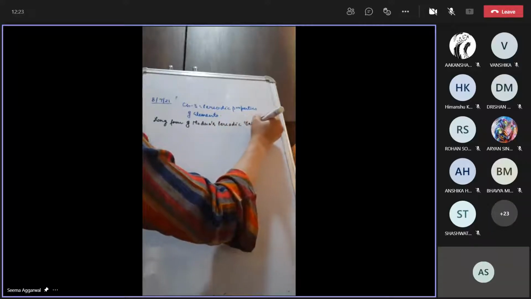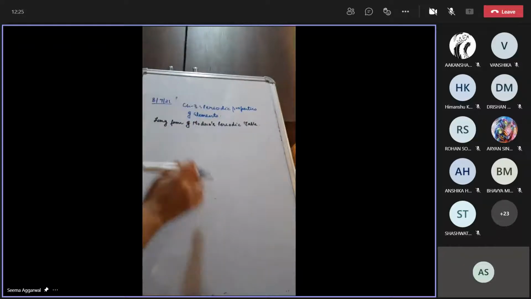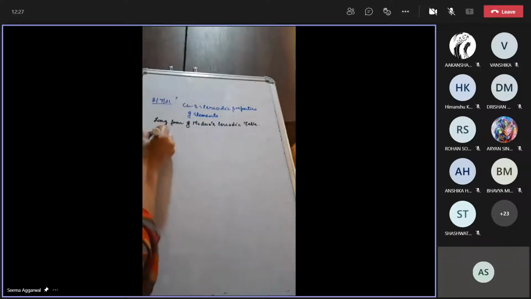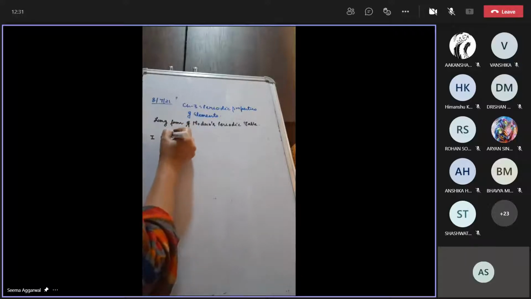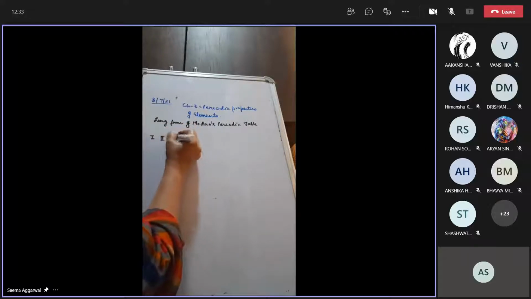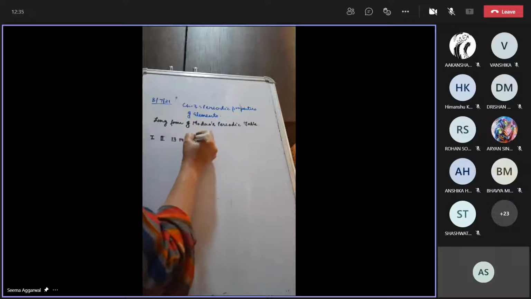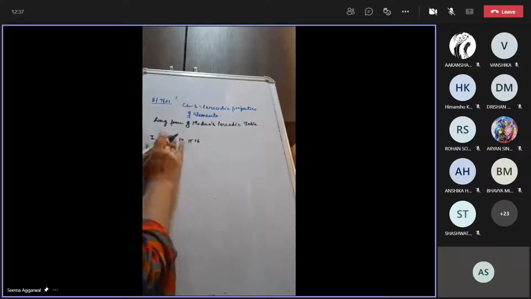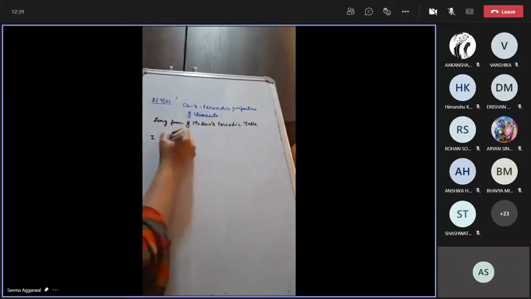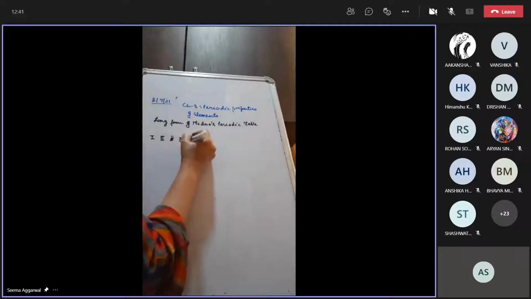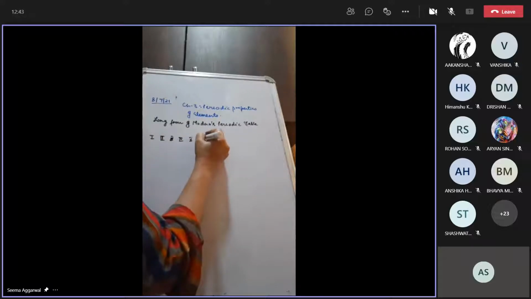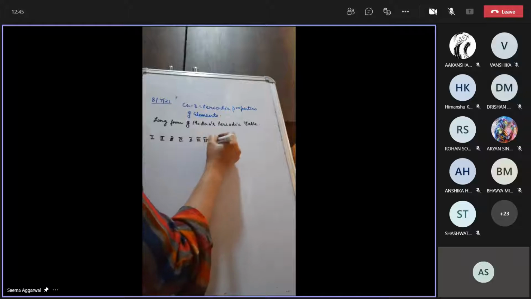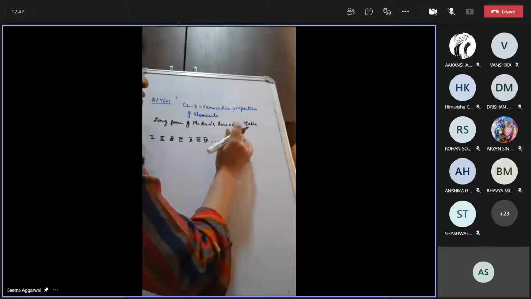Now, in the modern periodic table, if I am taking first group, second group, then in between we have groups 3, 4, 5, 6, 7, 8, and so on till 12.